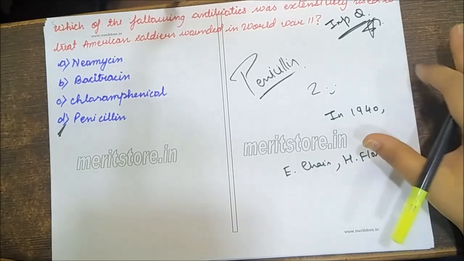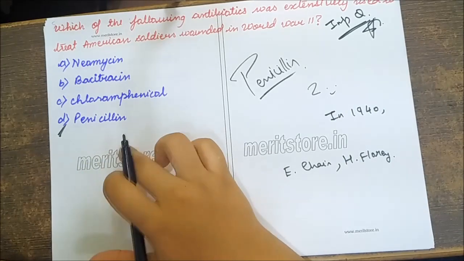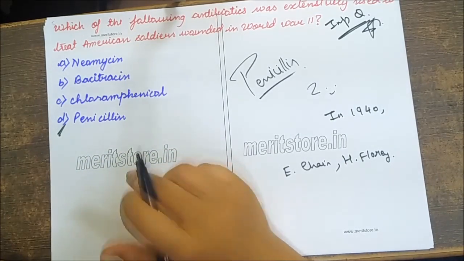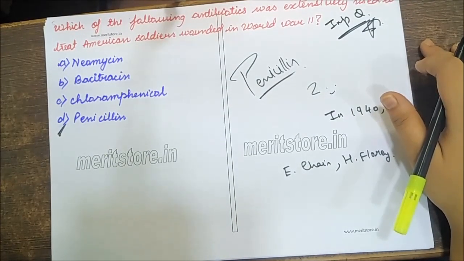So always remember, penicillin was the antibiotic used extensively in 1940 to treat American soldiers who were wounded in World War II.